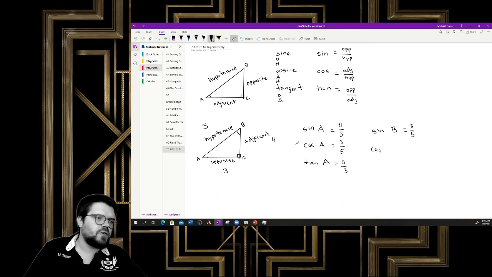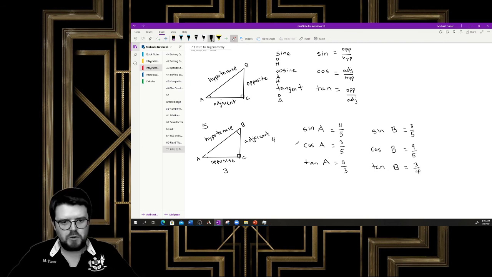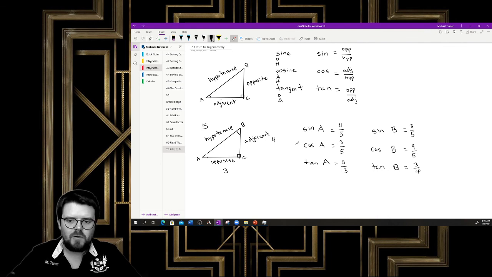If I asked you for cosine of B, the adjacent side is 4, the hypotenuse is 5, so this would be 4 over 5. And for tangent, that is opposite over adjacent. So for angle B, opposite is 3, adjacent is 4. So your ratio is 3 over 4. So that's all you have to do, is fill out the ratio.